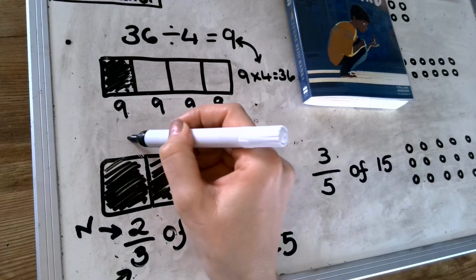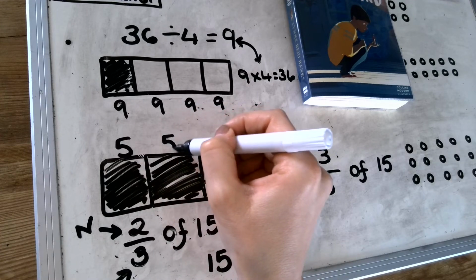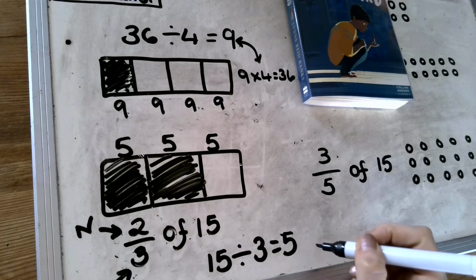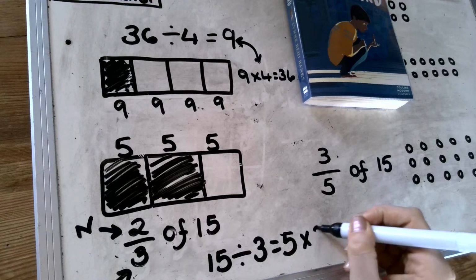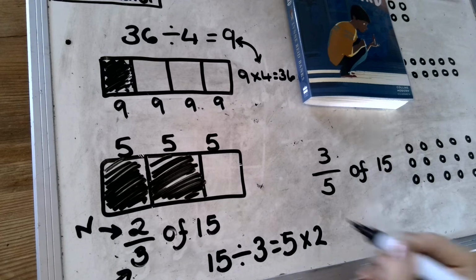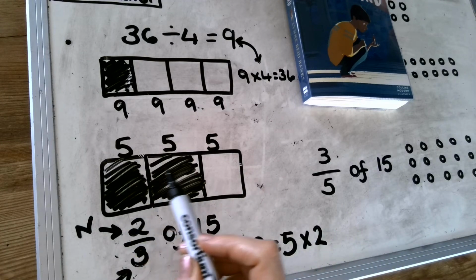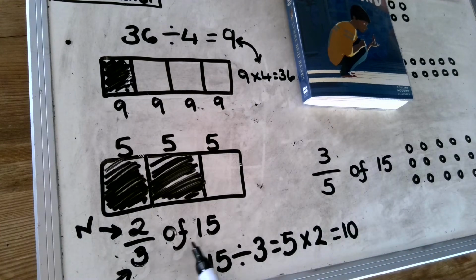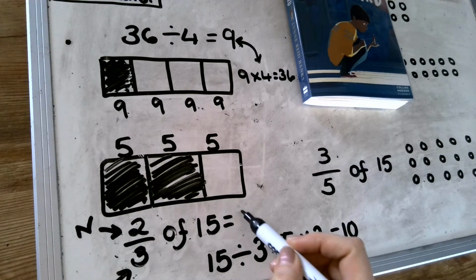So each section, each third, is worth 5, but we want 2/3, which means we then times by the numerator. So we want 5 and 5, which is 10. So 2/3 of 15 equals 10.